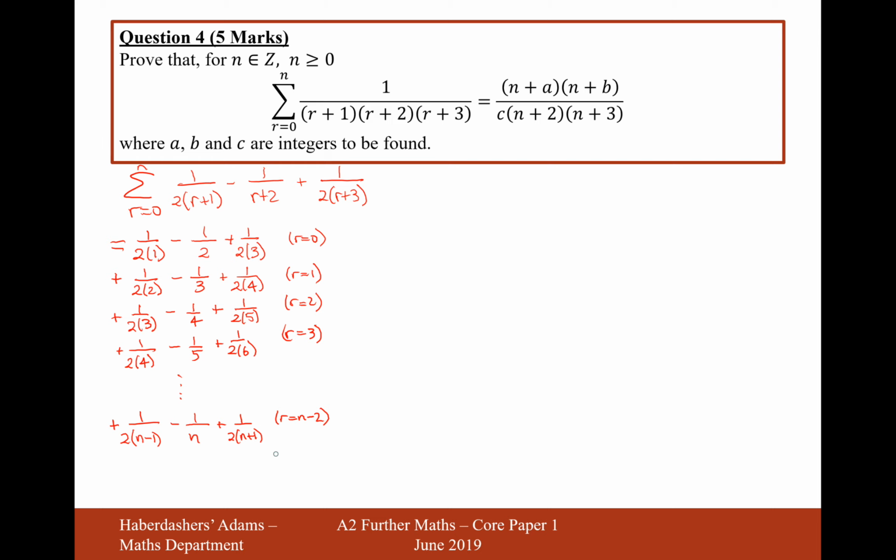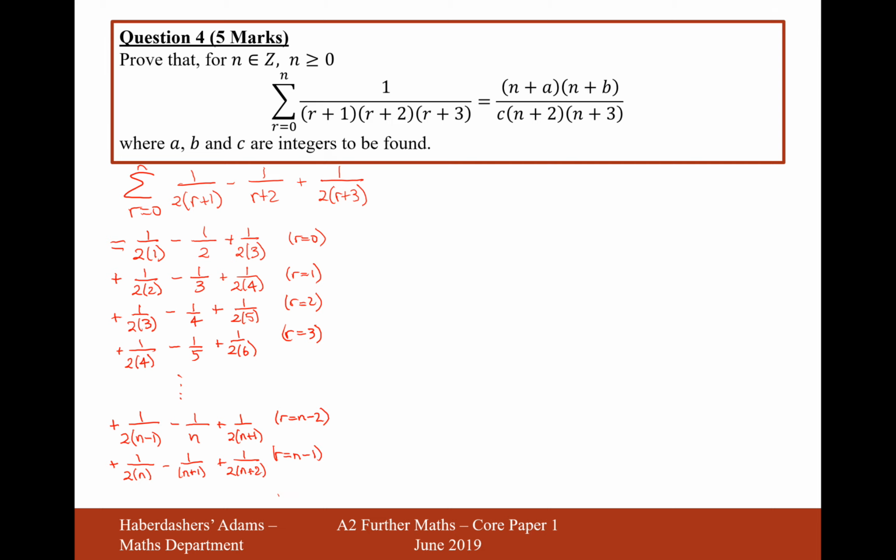That's when we substitute in r equals n minus 2. This now substitutes in r equals n minus 1. So that's going to give us plus 1 over 2 lots of n, minus 1 over (n plus 1), plus 1 over (2n plus 2).